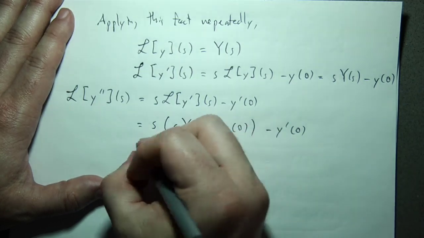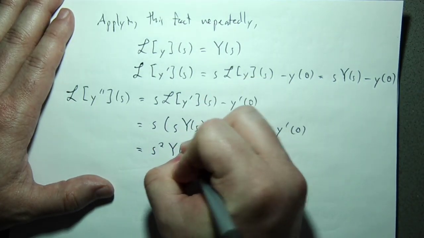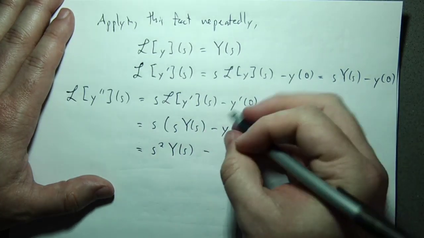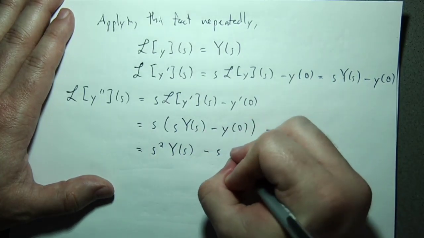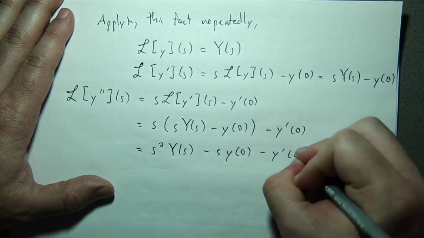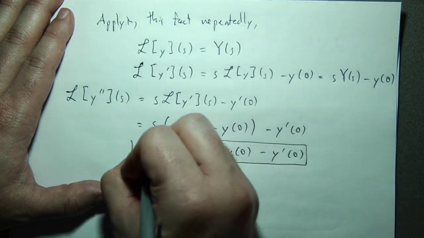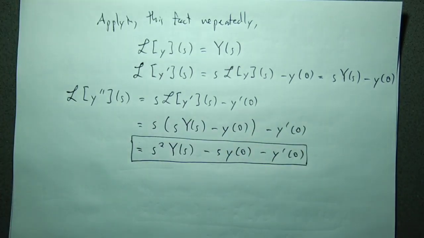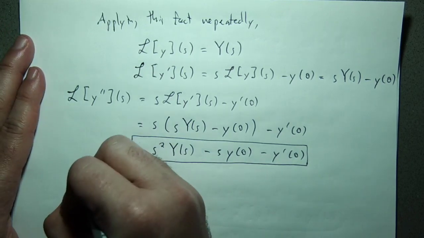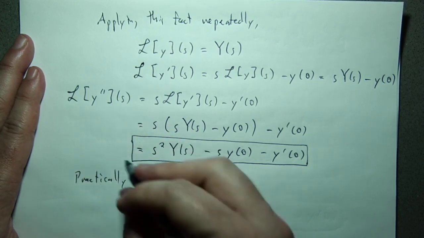And so this becomes s squared big Y of s minus s little y of 0 minus y prime of 0. Okay. Practically speaking, this is as far as you have to go.